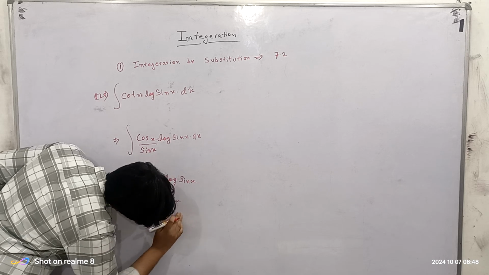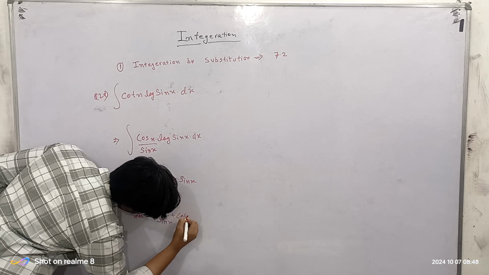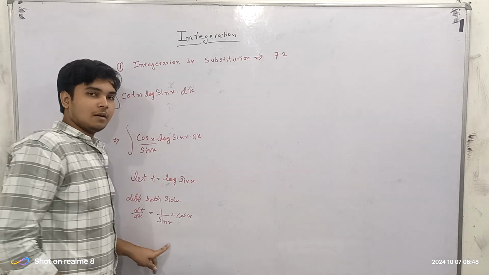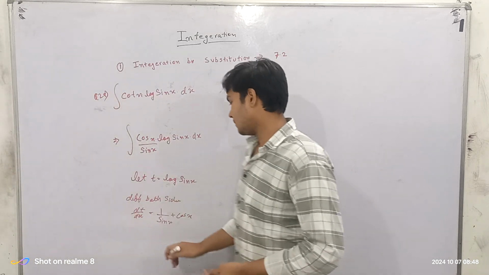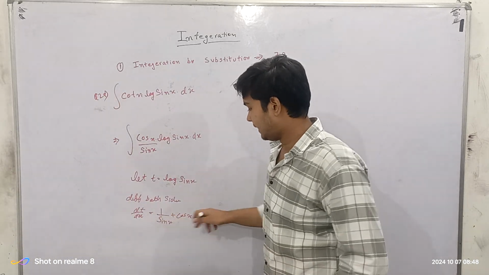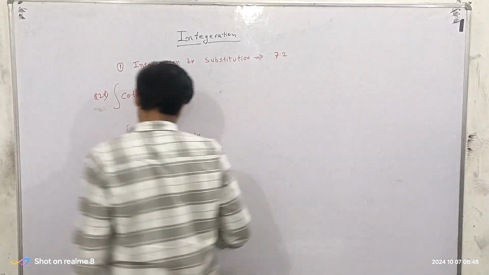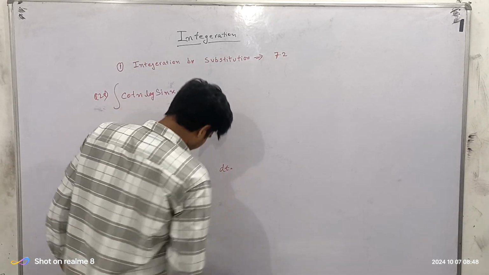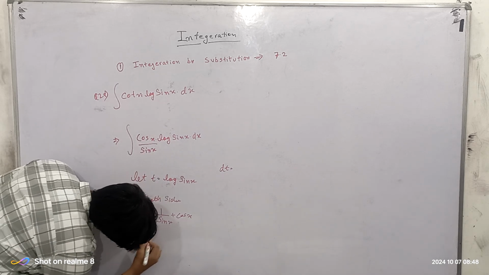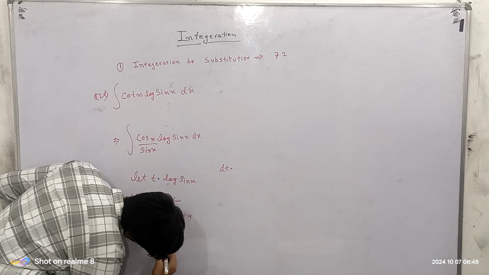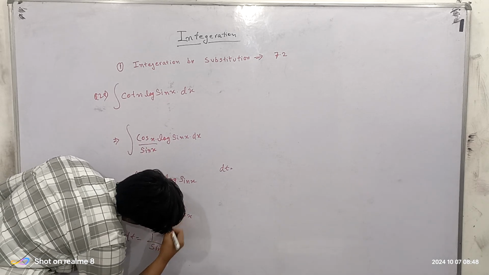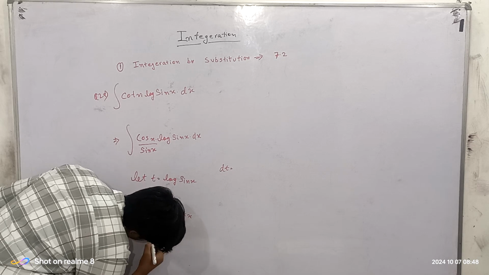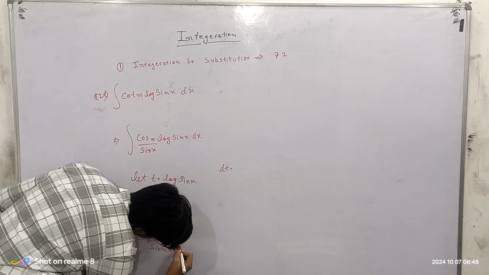What will be the derivative of sin x? It is cos x. So dt by dx equals 1 by sin x into cos x, and dt equals cos x by sin x into dx.